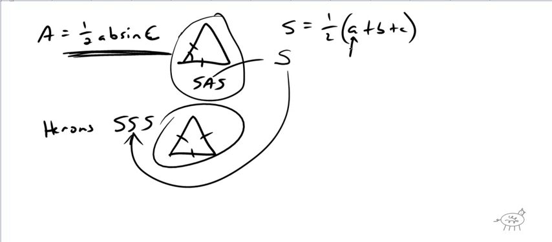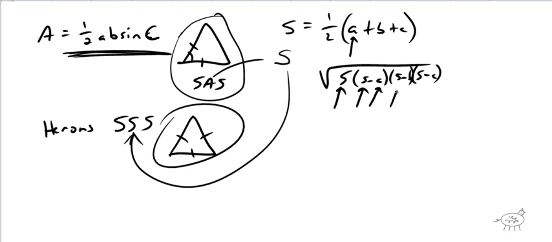So now you have a nasty decimal for A, and then when you do the square root of S times S minus A, S minus B, S minus C, you have a nasty decimal in 5 places. I don't know if I've ever seen a kid get it right when they are using nasty decimals and the wrong formula. It works, but you have to make sure you use that decimal the whole way through, and kids don't do that.